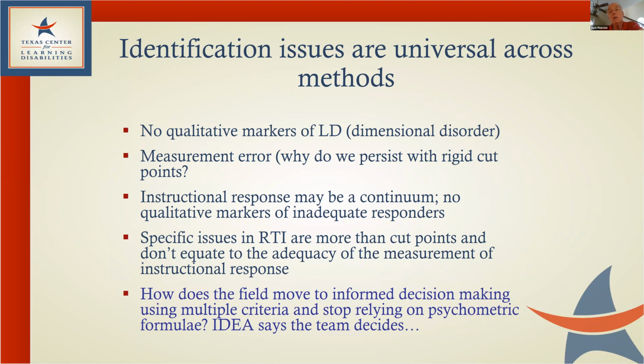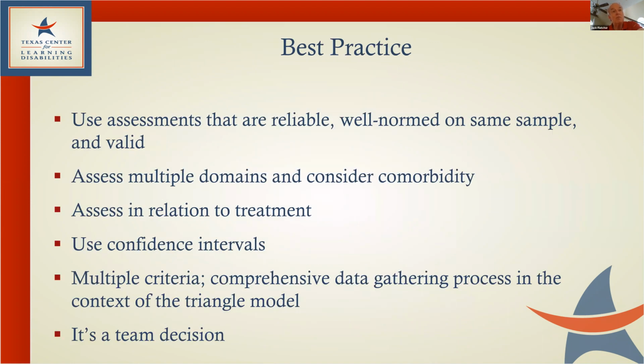instructional response. And the big issue for the field is actually not what method do we use, although obviously I'm biased towards MTSS methods and RTI, but how does the field move to informed decision making using multiple criteria and stop relying on psychometric formula? IDEA says the team decides whether the child is eligible or not. So best practice is to use assessments that are reliable, well-normed, on the same sample and valid, to assess multiple domains and consider comorbidity, to assess in relation to treatment, to use confidence intervals, to use multiple criteria.